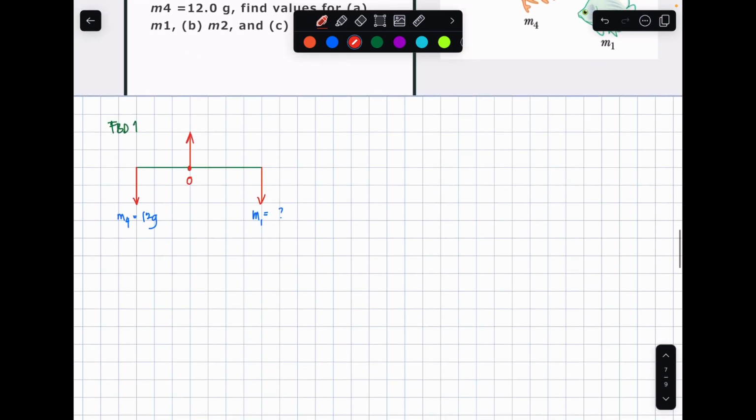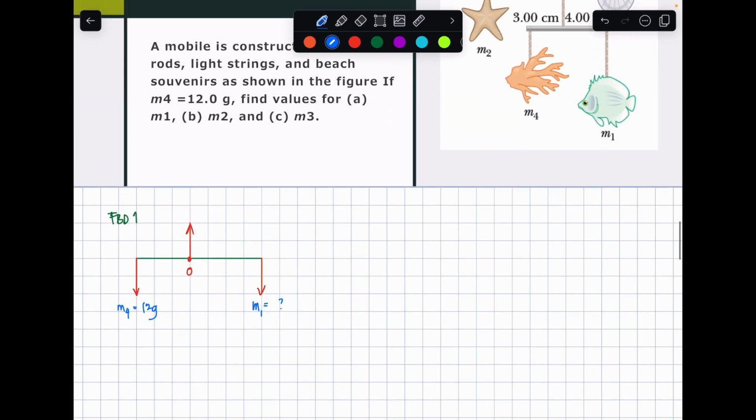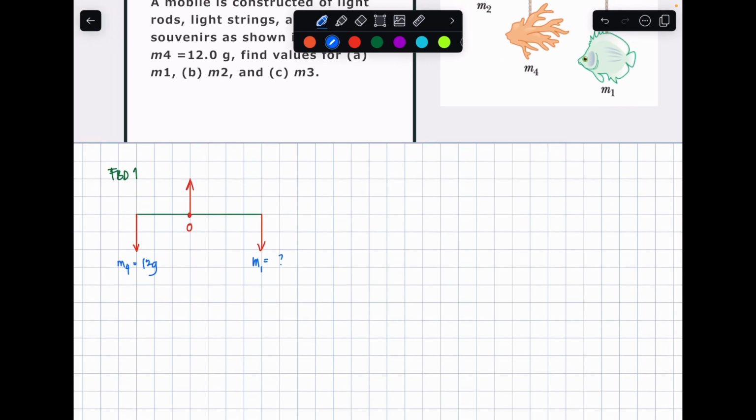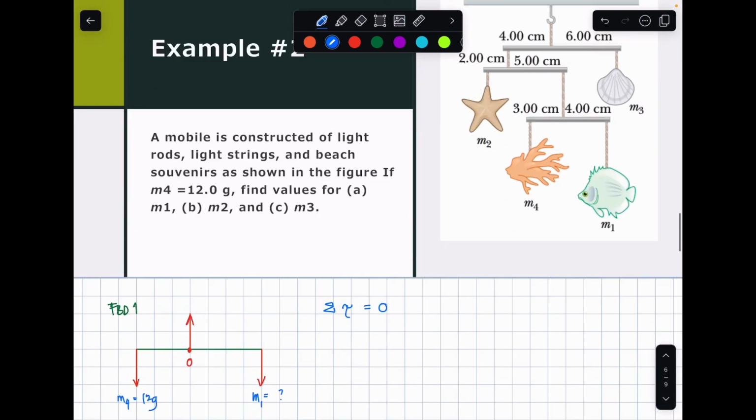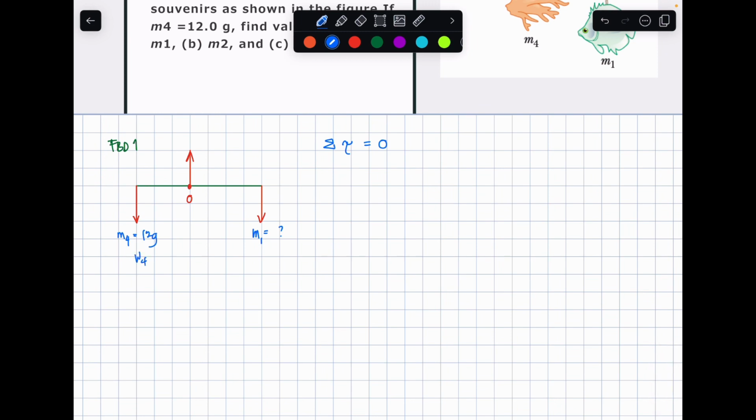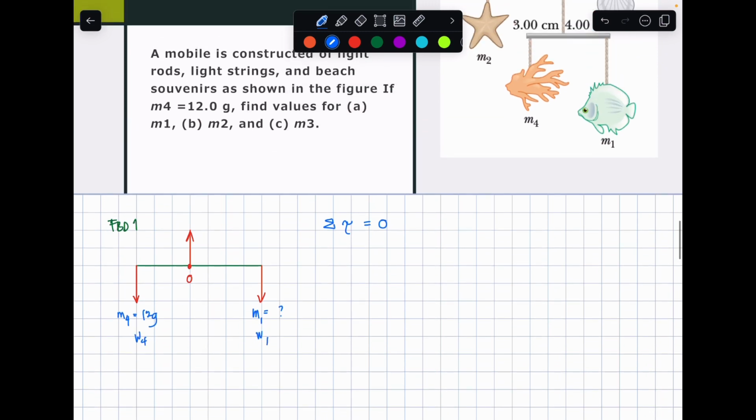To find M1, the requirements are M1, M2, and M3. So we do the summation of torque. To make this balanced, it should be equal to 0. We just get the weight. Let's say this is the weight W4, and this one is W1.